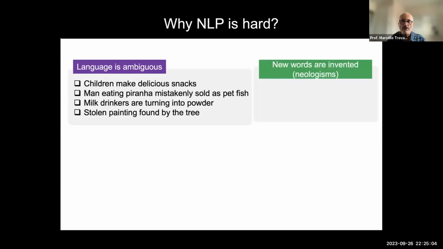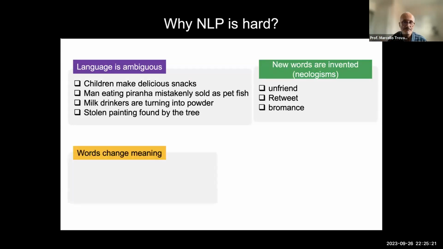But also there are new words that have been invented, and they're being invented on a regular basis. So we have unfriend, retweet, bromance, etc. And they come mainly from social media interactions.